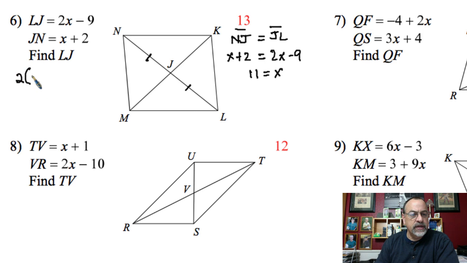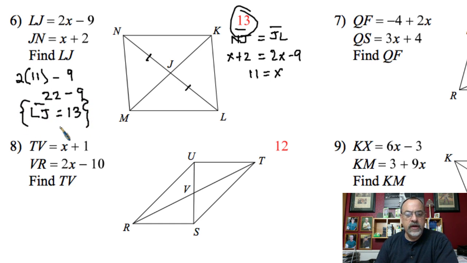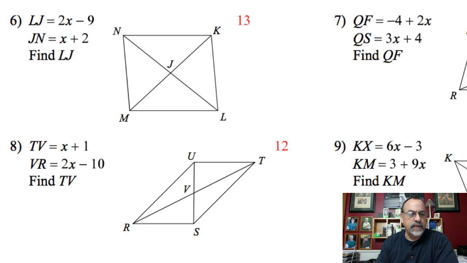So 2 times x, which I now know is 11, minus 9. So that's 22 minus 9, which is 13. So you can see that LJ is equal to 13, so that would be my answer. Okay, not any more complicated than what we've been doing, just an extra step.